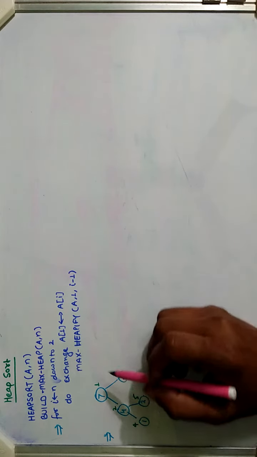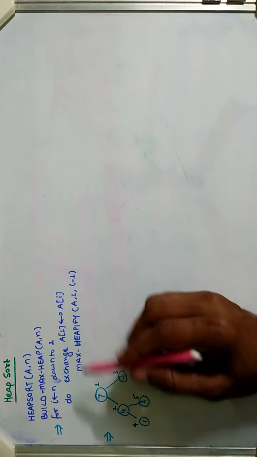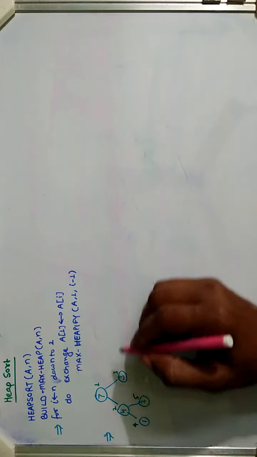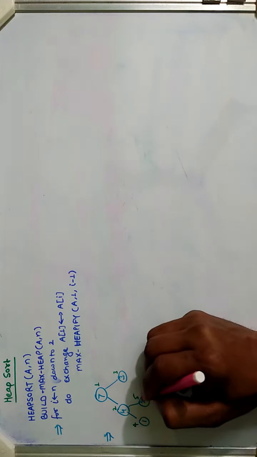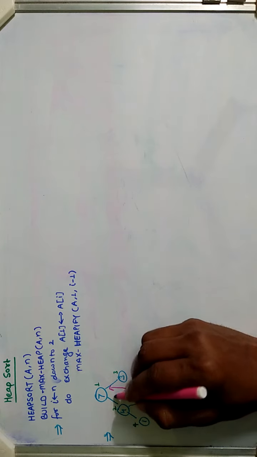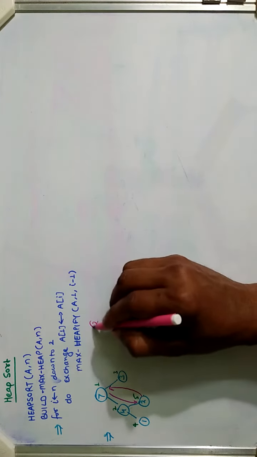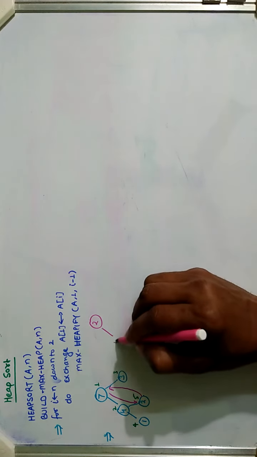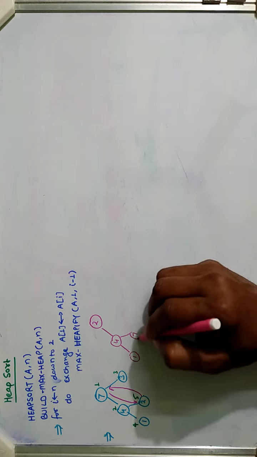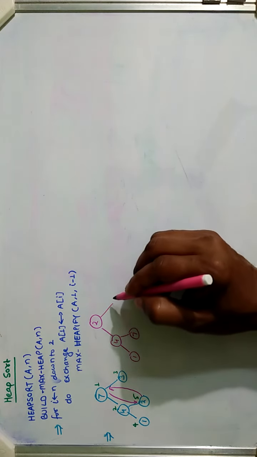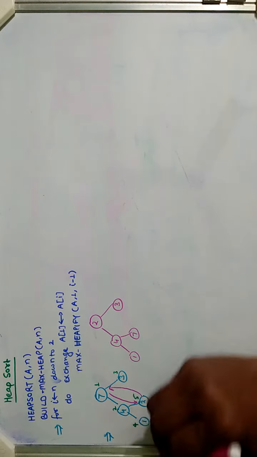We need to exchange A[1], this element 7, with A[5], this element 2. After exchanging these two elements, the array would be 2, 4, 1 and 7, and then we have 3.